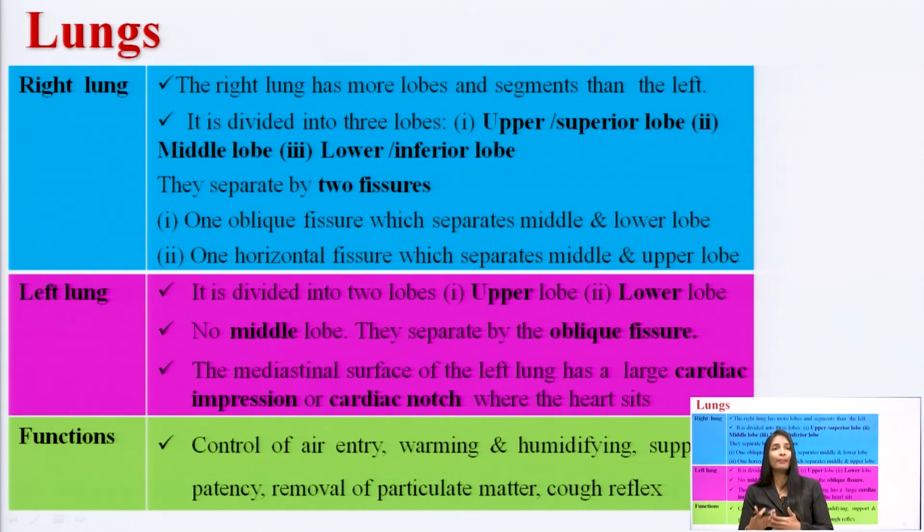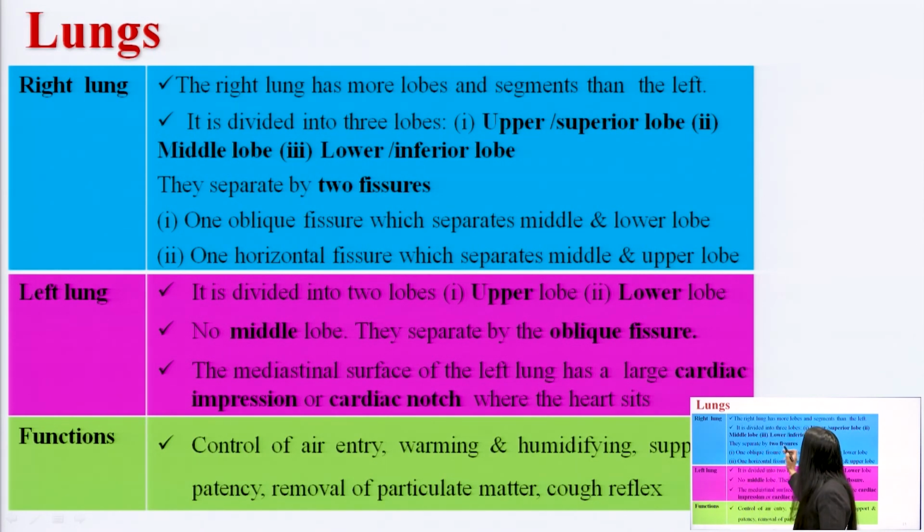The 3 main lobes of the right lung are named the upper lobe, the middle lobe, and the lower lobe. The lower lobe you can call the inferior lobe, and the upper lobe the superior lobe.